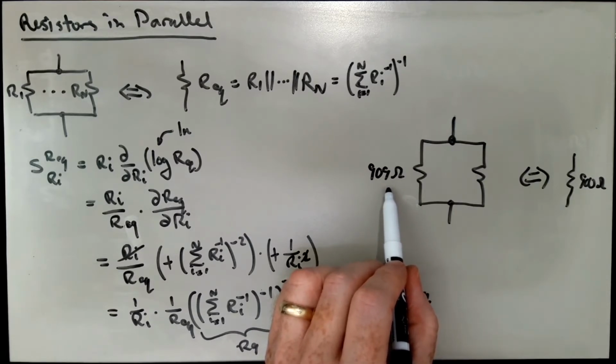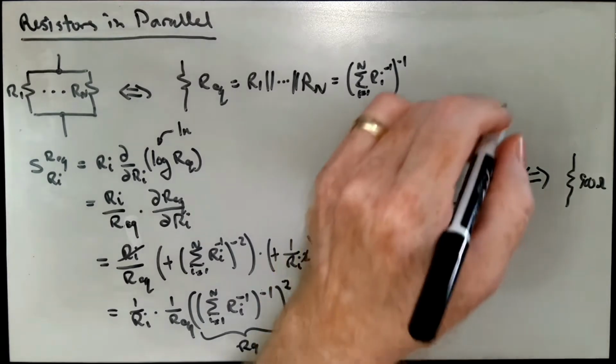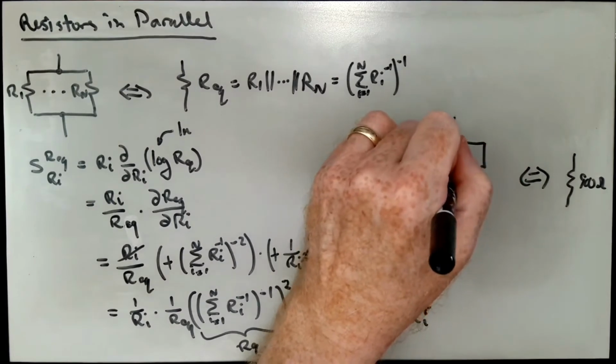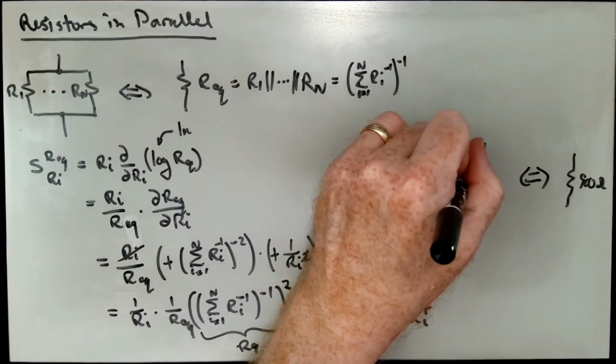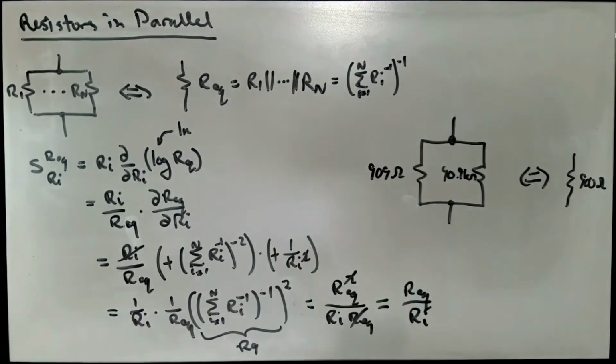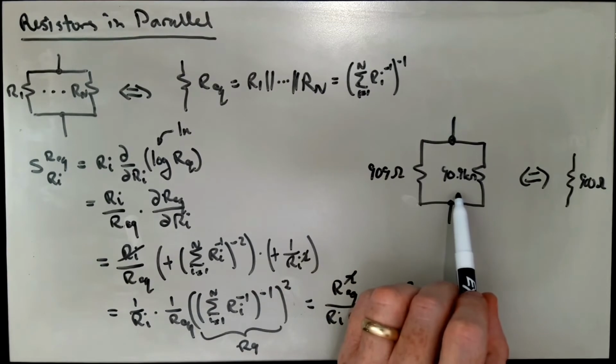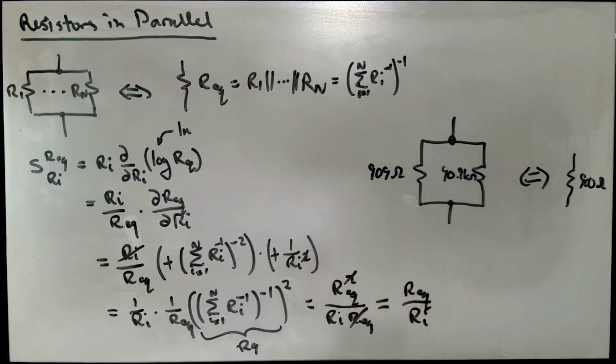And if we wanted to knock that down to 900 ohms, we could put that in parallel with some larger resistor to shift its value down by 9 ohms. And it turns out that if we put in a 90.9K resistor, 909 ohms in parallel with a 90.9K ohm resistor is exactly equal to a 900 ohm resistor.